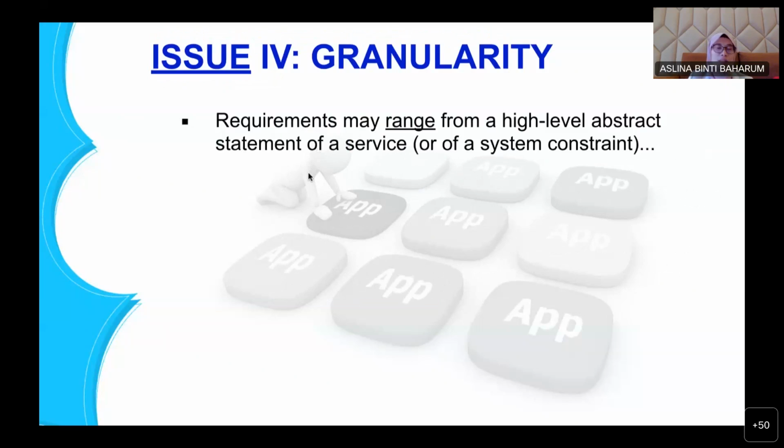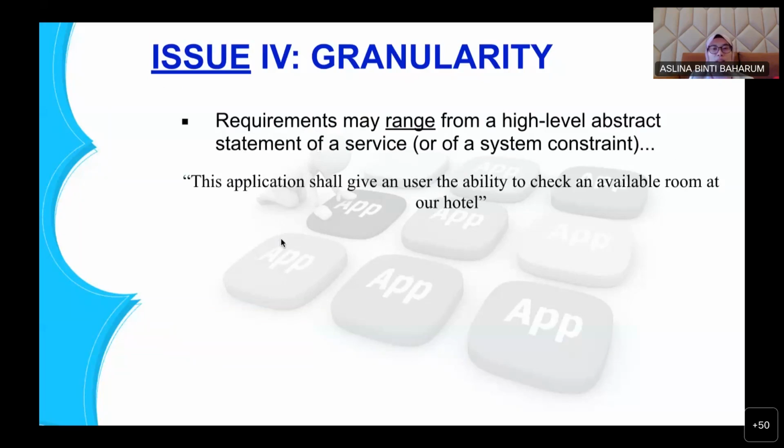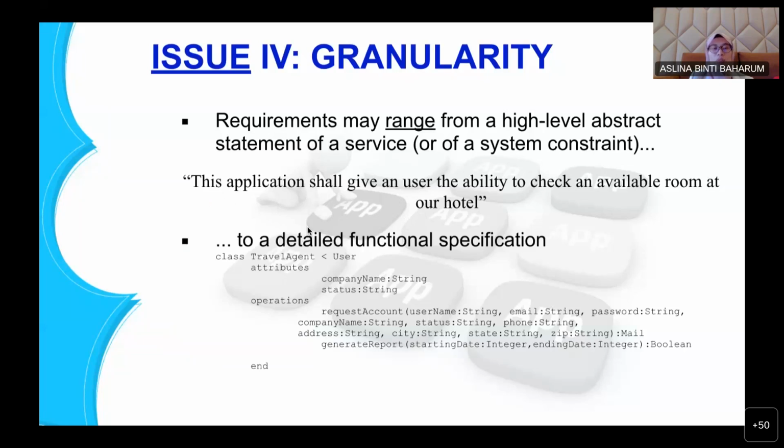Constraint of the system. Okay. Example: this application shall give a user the ability to check room availability at our hotel. So to detail the function specification, this one. But this is not natural language that can be understood by the users. So you need to change it to this kind of statement.